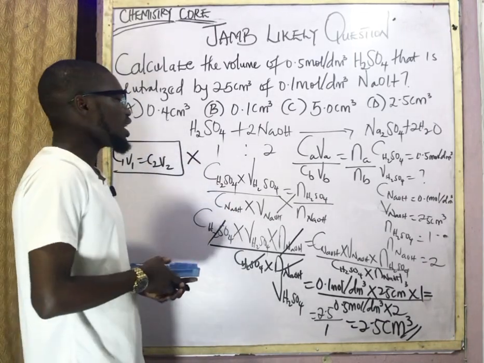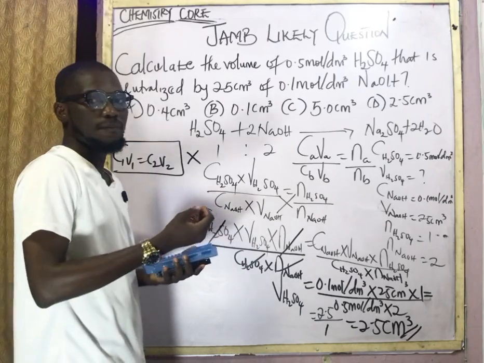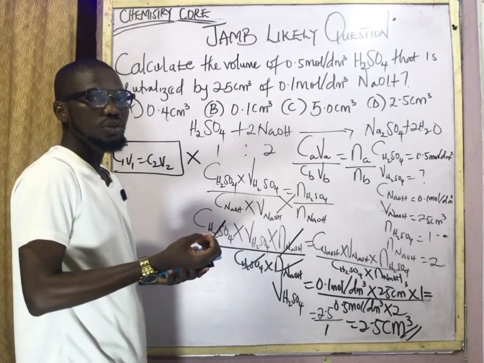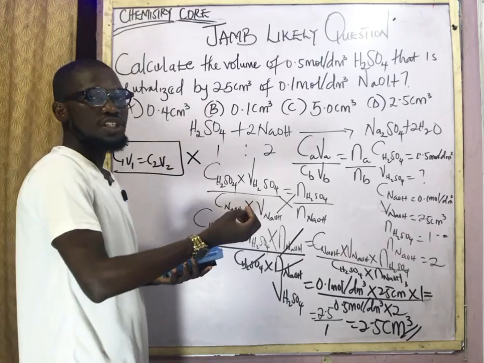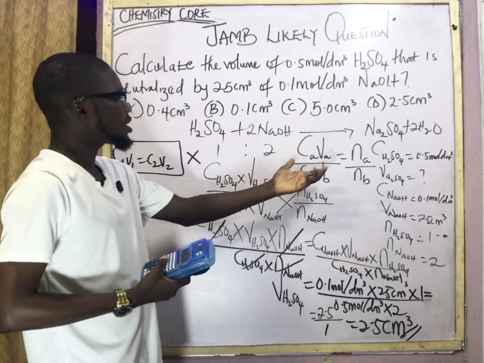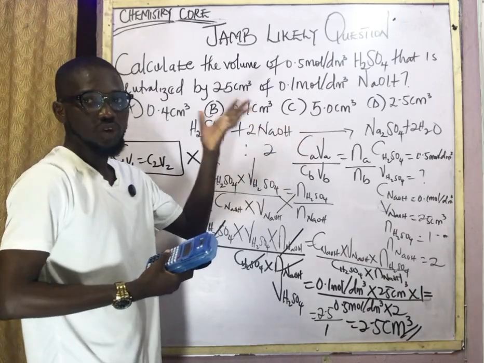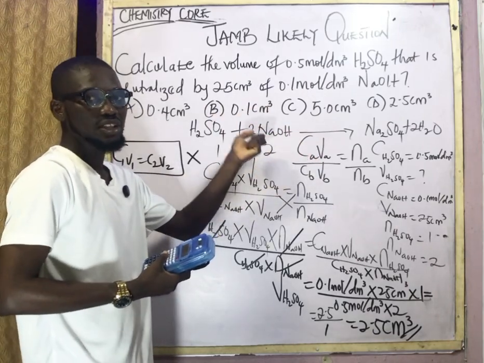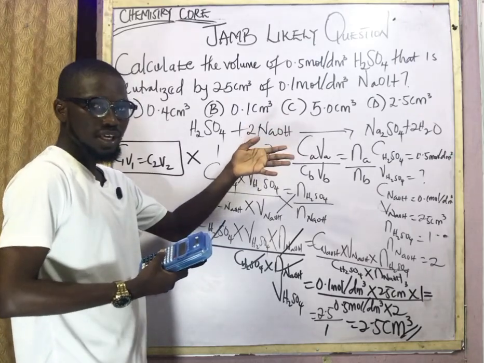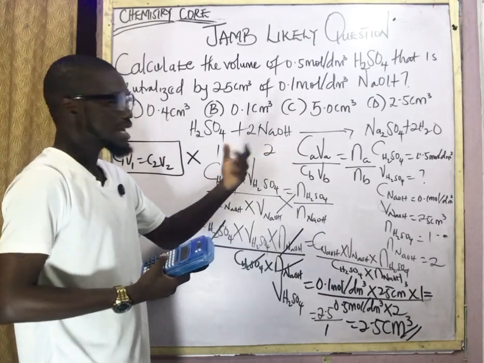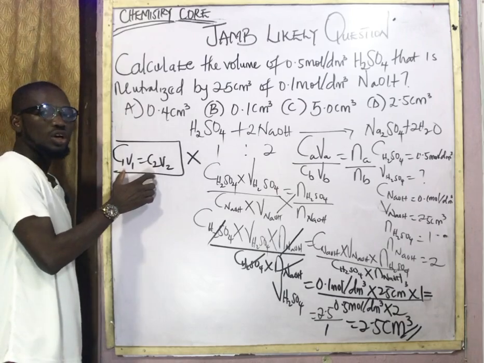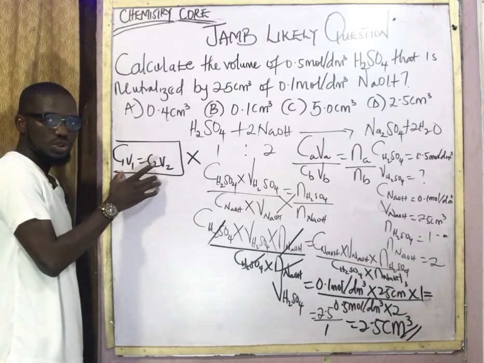Because if you are to make a particular, either the concentration or the volume, the subject of formula, be careful. If you find comfortability with this formula, you can go ahead with it, in as much as you know what is Ca, Va, Cb, Vb, and Na and Nb. That is why I said the dilution law is the wrong formula to use.